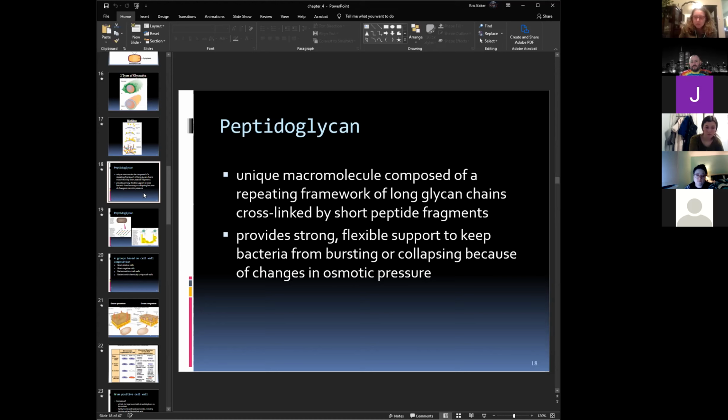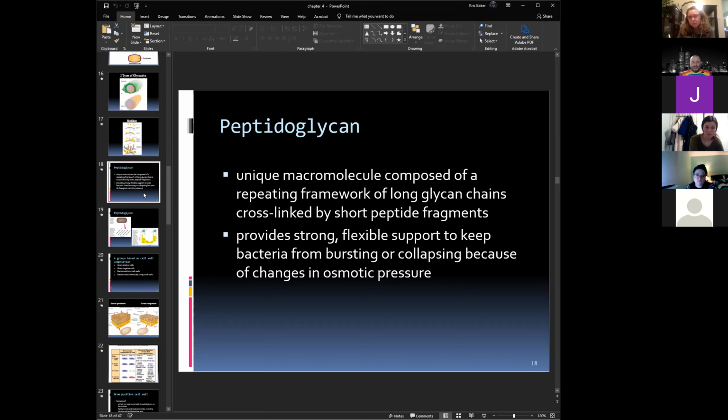Now, gram-negatives also have some peptidoglycan, but it is nowhere near as thick as a gram-positive. So in a gram-positive, I'm just going to make up a number, it could be 80 nanometers thick. Whereas in a gram-negative microorganism, it might only be 20 to 40 nanometers thick. So they're found in both, but it's a much greater percentage of a gram-positive coat than it is of a gram-negative coat.